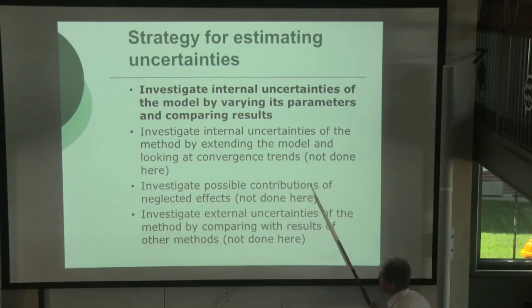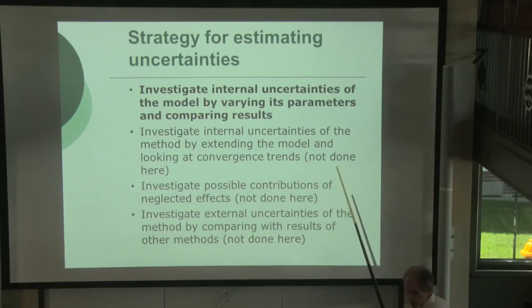Say Cowan code does not include spin-other-orbit corrections, and so on. Does it matter? I have no idea for this particular problem. And also, there are external uncertainty estimates that you can get from comparison with other calculations, possibly more precise than yours.